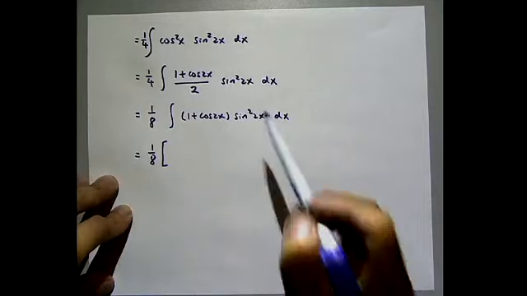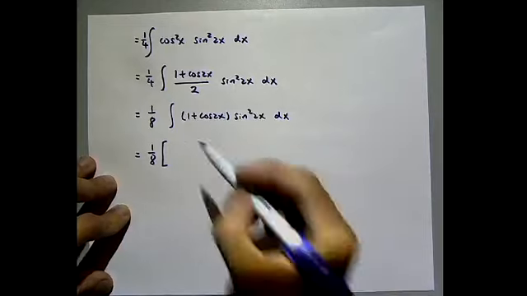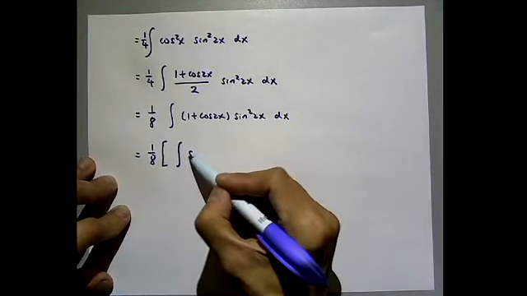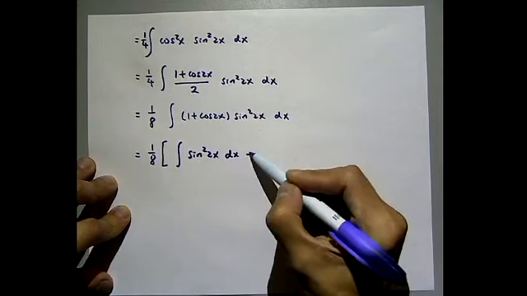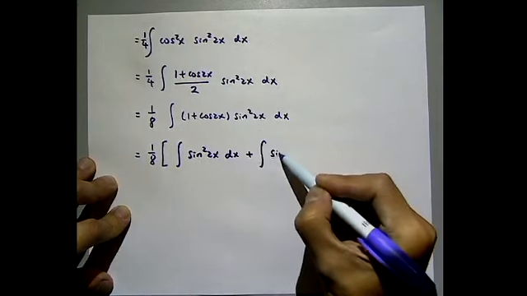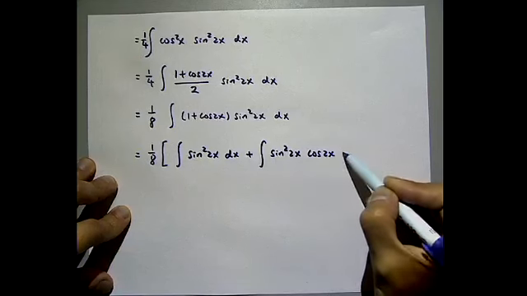And then I'm going to distribute the cosine squared into here, and at the same time split it up into 2 integrals. Kind of like that.